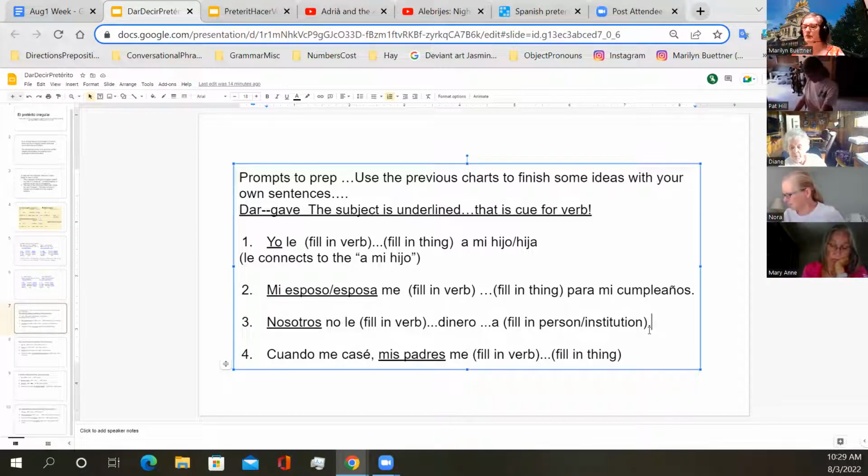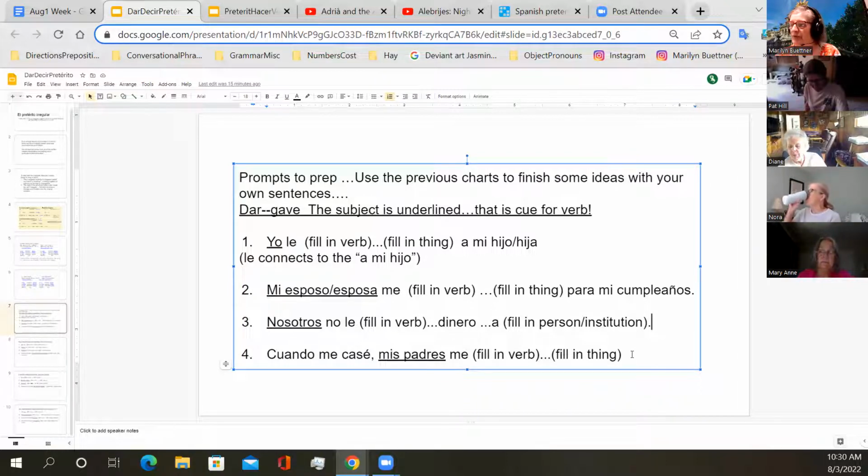That's not something I would expect you to know. No le dimos dinero a la policía. Okay. O no le dimos dinero a la organización de la policía. Okay. Sure. Bien. Fantástico.